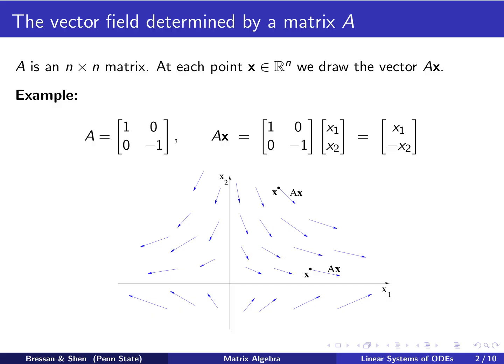And similarly, for a point down here, the vector x would point in this direction, but the y-axis will be flipped in this product A times x, and you will flip and point upwards. So here we showed all these vectors determined by A times x at various points to see how all the directions are being pointed.